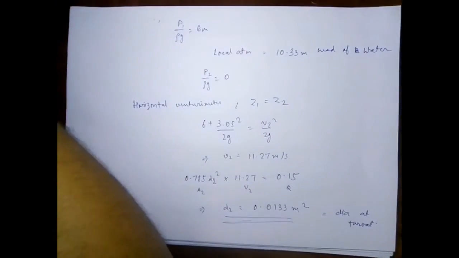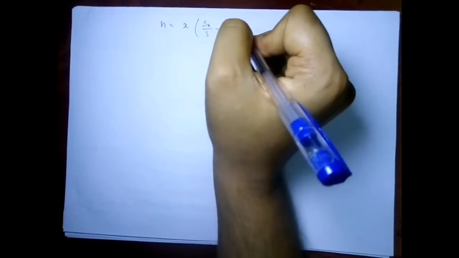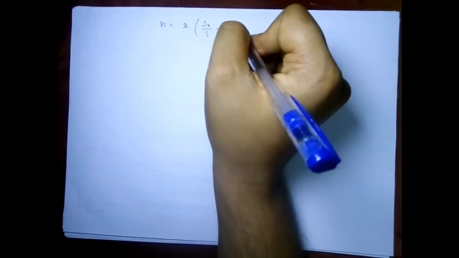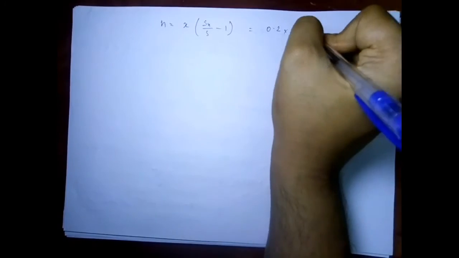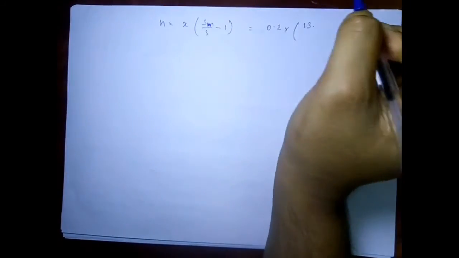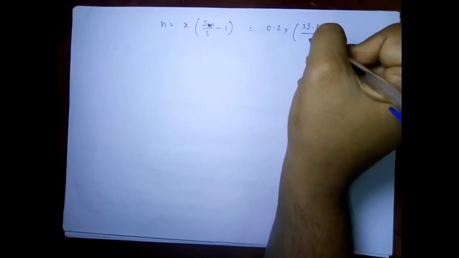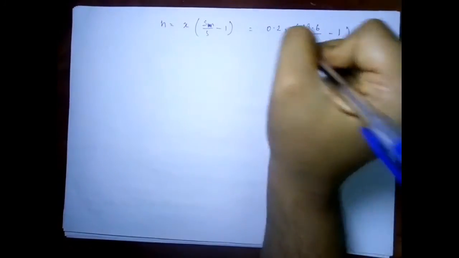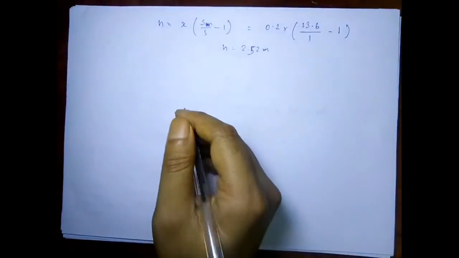So just take care of this particular equation, that h is equal to x times (Sh upon S minus 1). x is equal to 0.2 times Sm, the specific gravity of mercury, the fluid in the manometer, divided by the specific gravity of water, minus 1, and that will give us h is equal to 2.52 meters.